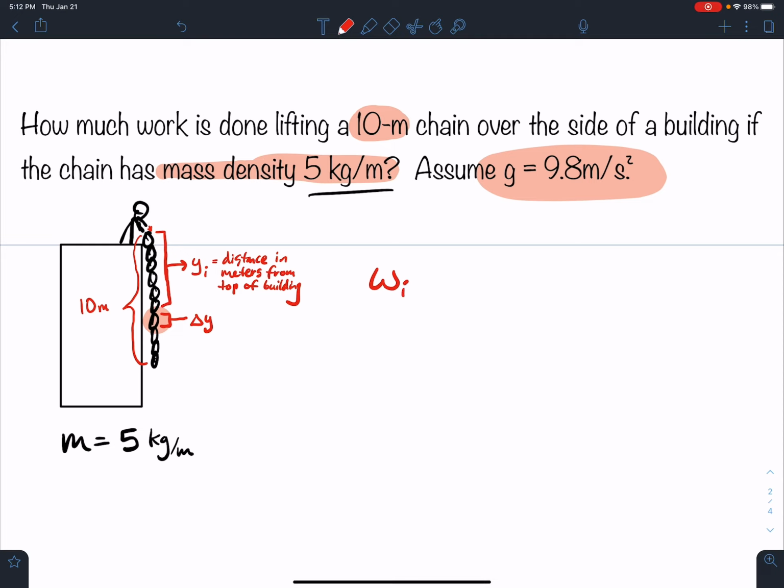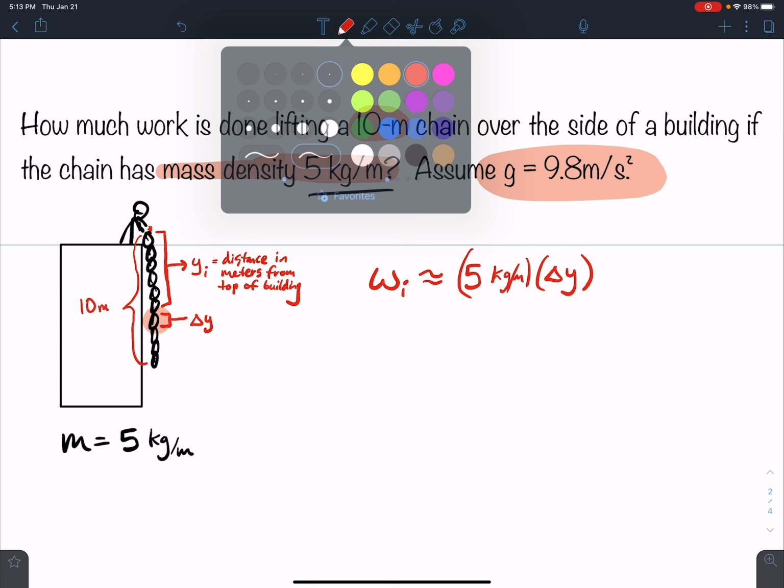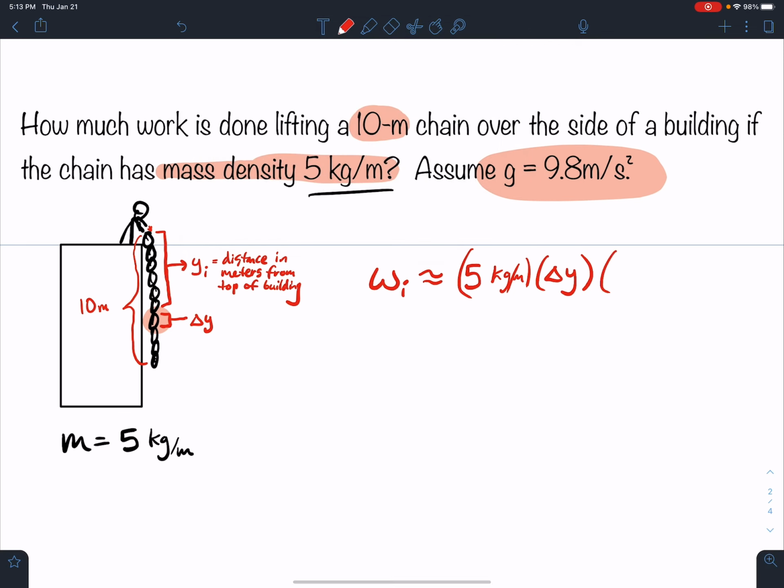So my work for one arbitrary little segment of the chain, to pull this little segment of the chain up to the person, that work done is approximately the mass, 5 kilograms per meter, multiplied by the change in y, that little segment of the chain, multiplied by the gravity, 9.8 meters per second squared, and then multiplied by the distance yi meters.